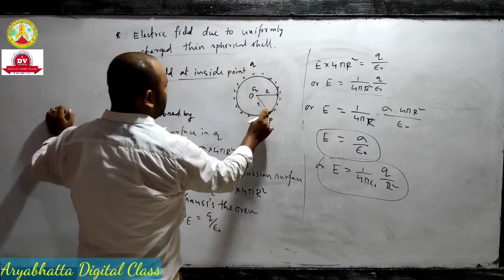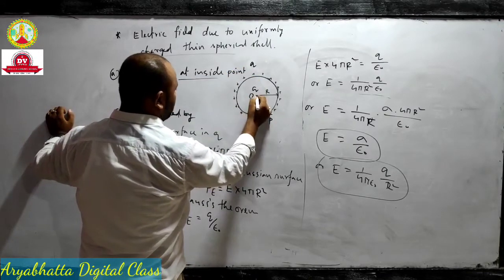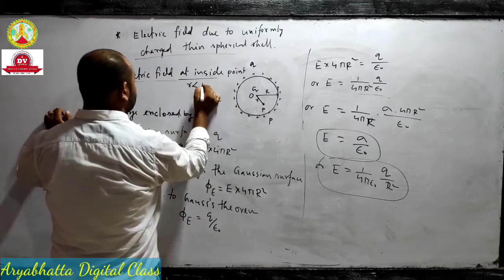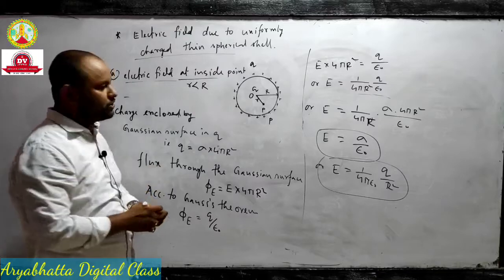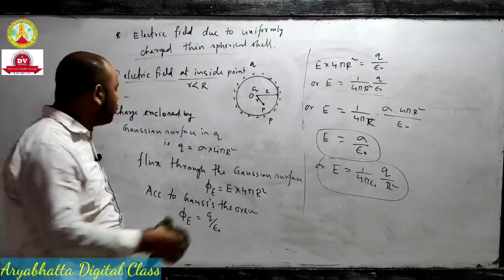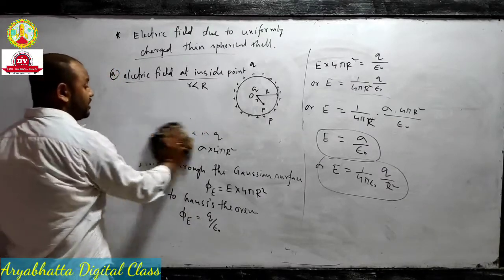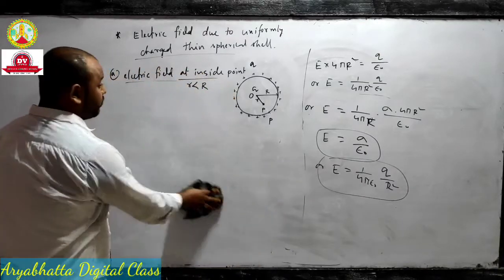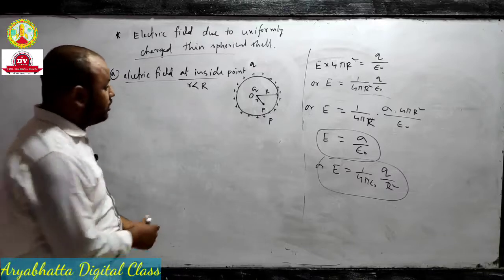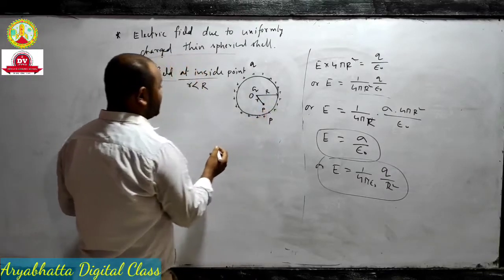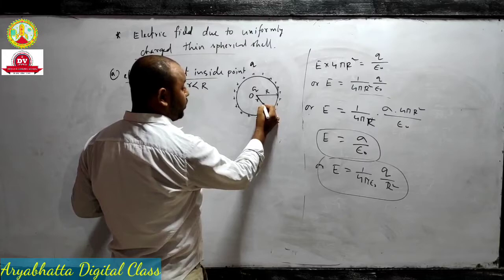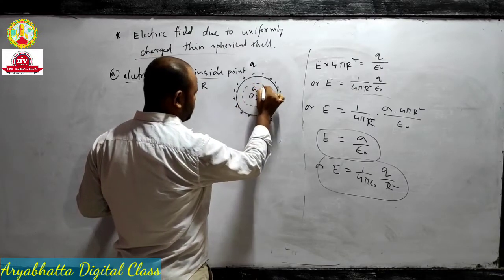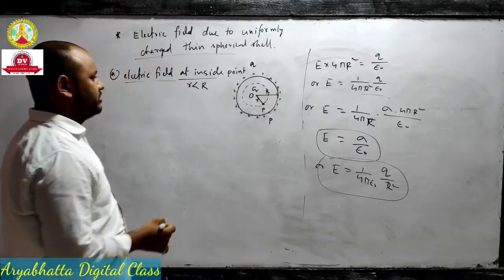That means this time the point P is here, where small r is less than capital R. Capital R is the radius of this thin spherical shell, and small r is the distance from the center to the point where we calculate the electric field. This will be the Gaussian surface.